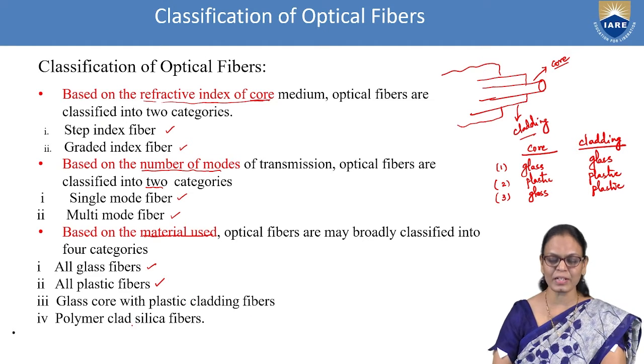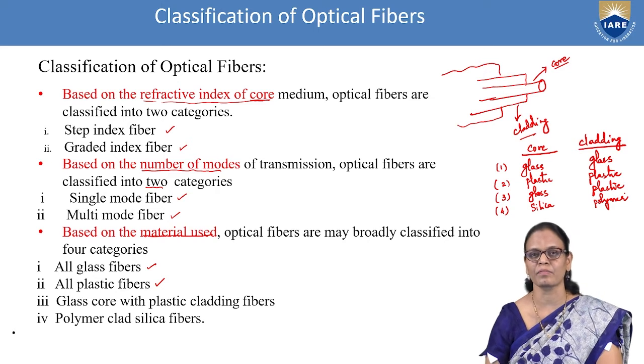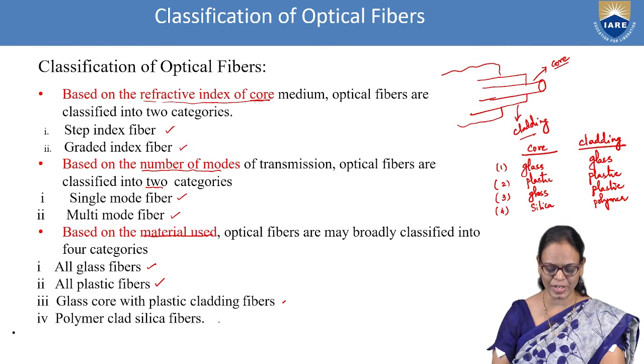And then polymer clad silica fibers. Here, usually we have the core made of silica, which is one type of glass, and then a polymer, which is a type of plastic. So these are the four types we are discussing.